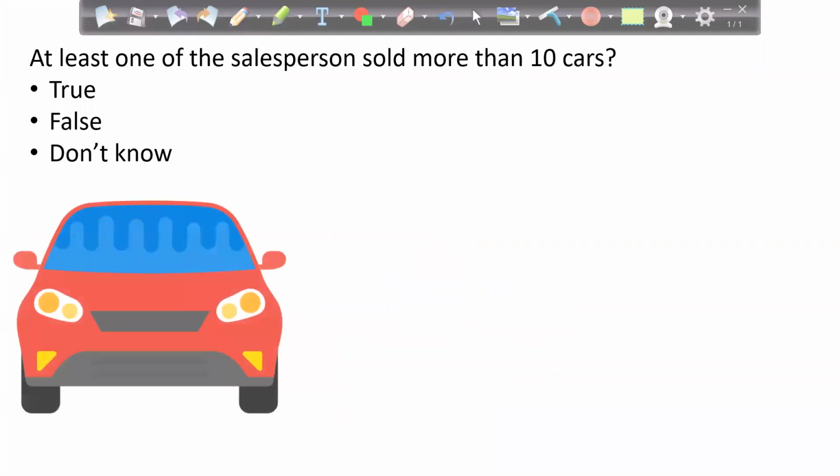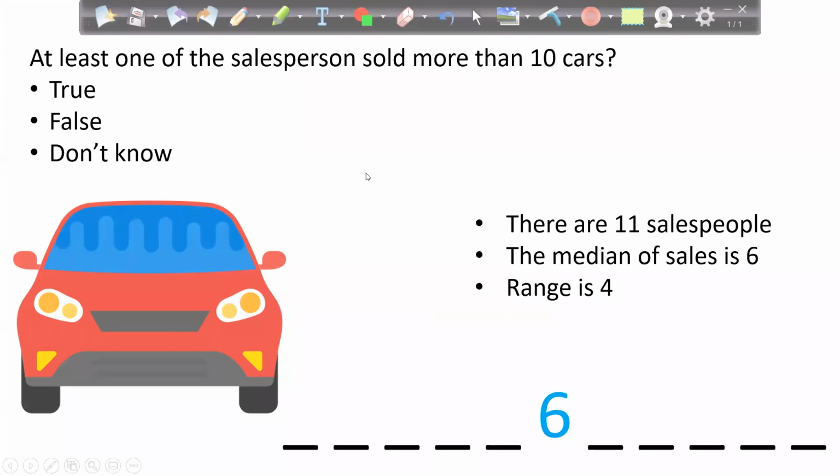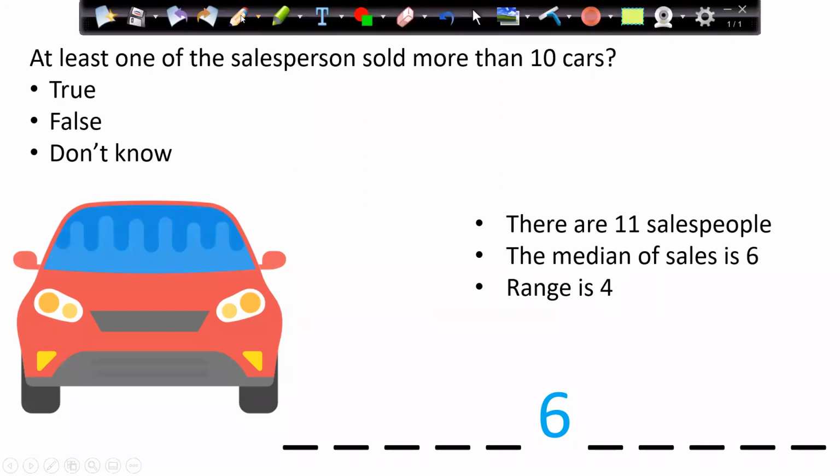All right, so this is the last example. Let's try to understand this. At least one of the salespersons sold more than 10 cars or not. I need to know whether it is true or false or don't know.